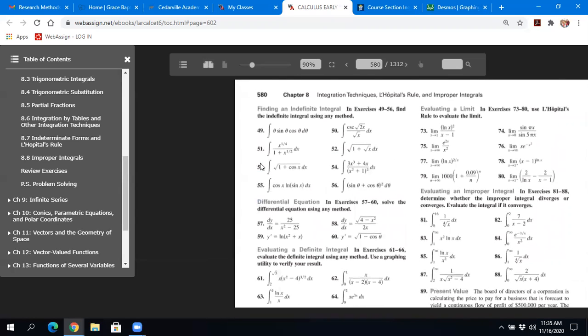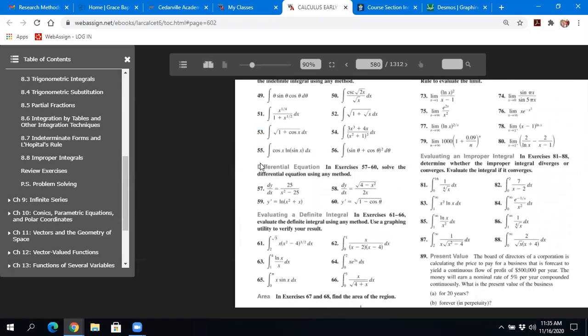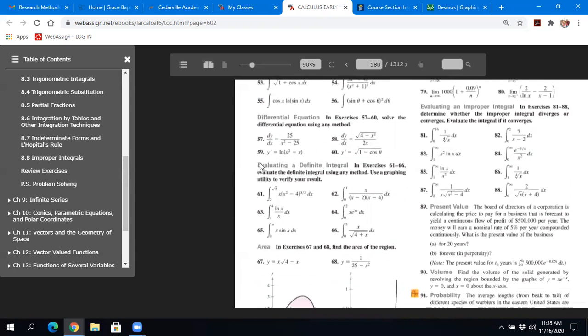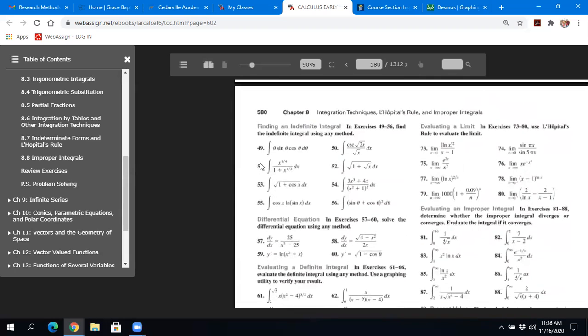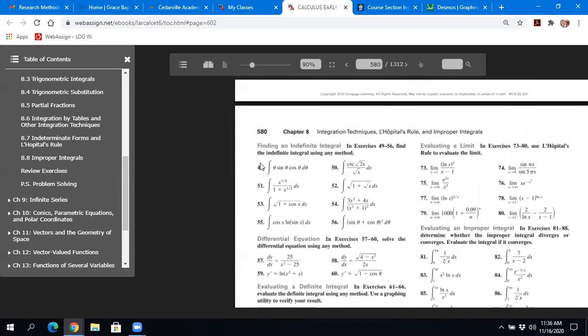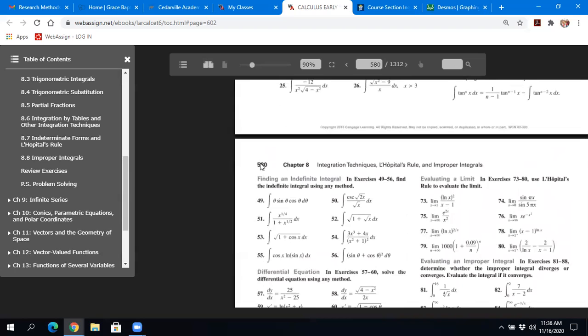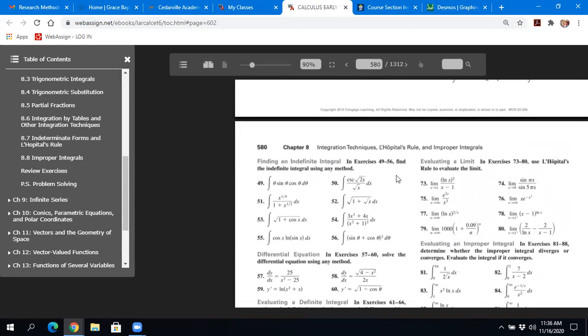Let me see. Using any method. Oh, these guys right here. So these guys are good ones. Yeah. So going through those, practicing some of those would be advisable for sure.